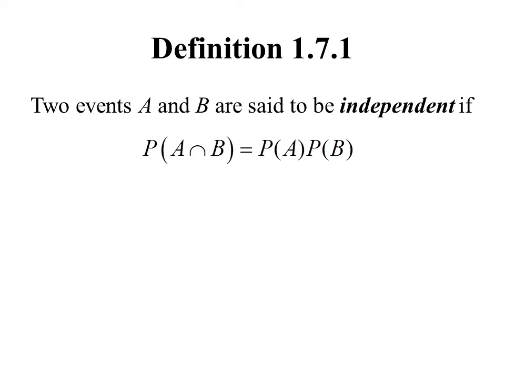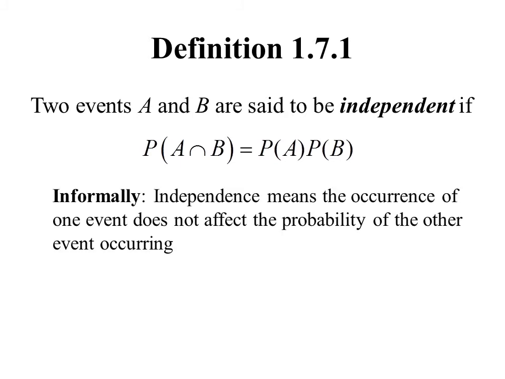So the next question is, well, how do we find this joint PDF? Well, in order to find this, we're going to review a definition back from section 1.7, where we said two events, A and B, are said to be independent if the probability of A intersect B equals P of A times P of B. So informally, independence means that the occurrence of one event does not affect the probability of the other event occurring.